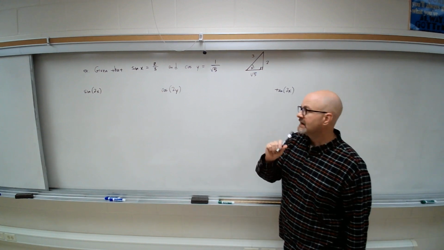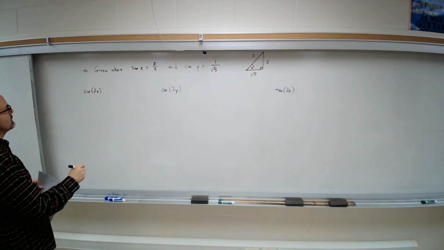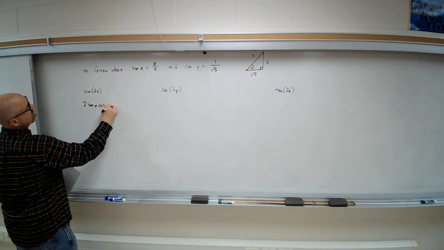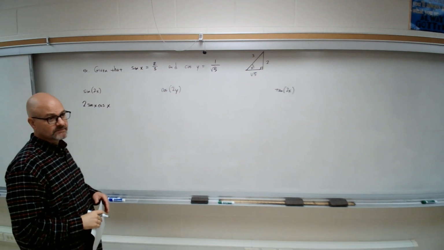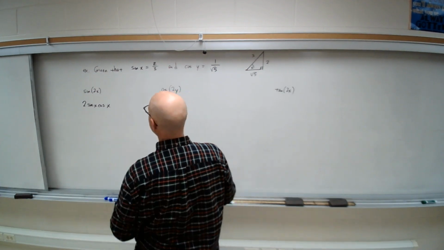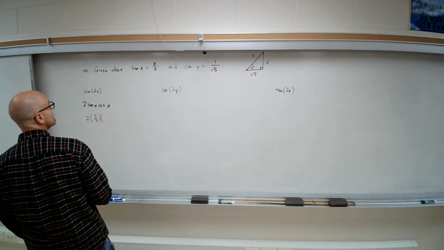Okay, so for the sine of 2x, we would go to our formula sheet, and we say, oh, that's 2 times the sine of x times the cosine of x. The sine of x, we already know, is 2/3. So we have 2 times 2/3.